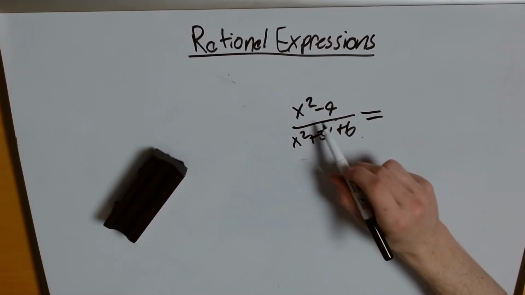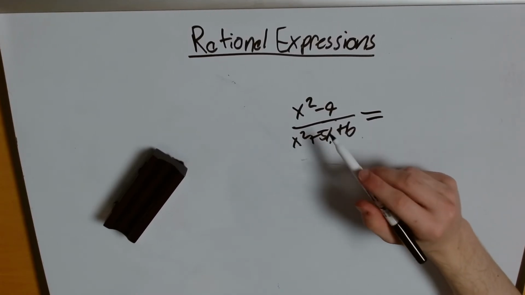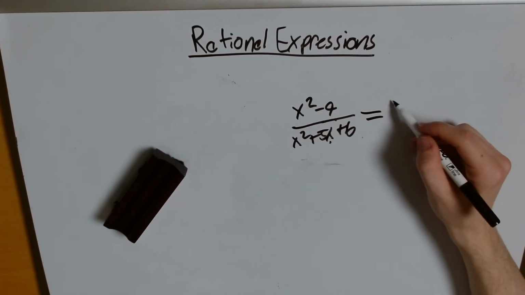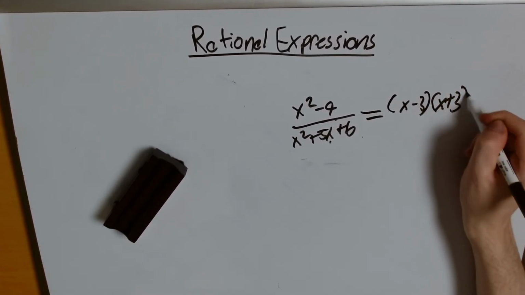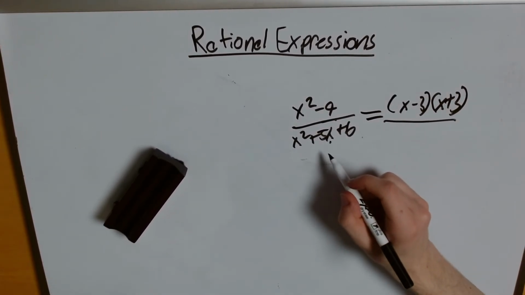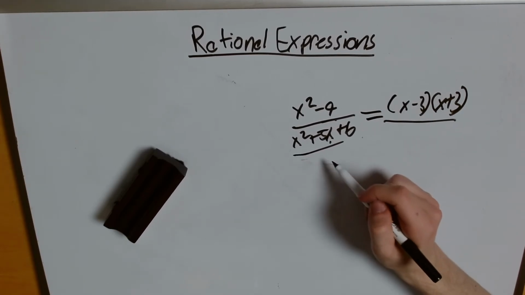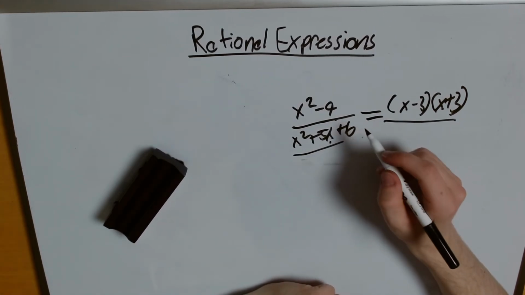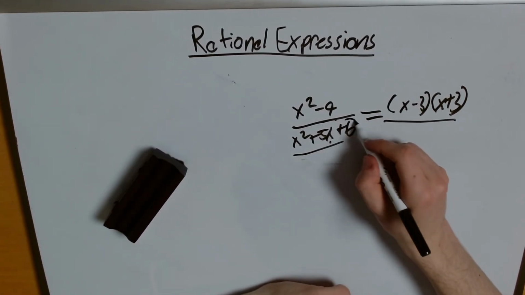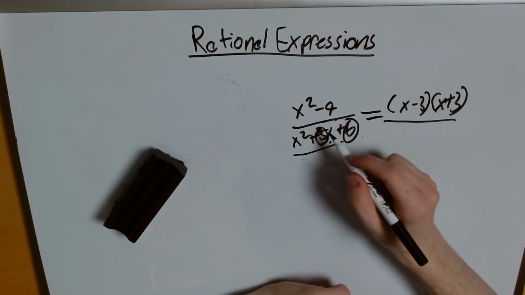So, x squared minus 9, I'm thinking difference of squares, because I know 9 is a square. So that's x minus 3 times x plus 3. This, however, is a little tricky. No obvious tricks that I can use, so I'm going to go the standard method of factoring, which is I say, okay, I need two numbers that multiply together to get 6, but add together to get 5.